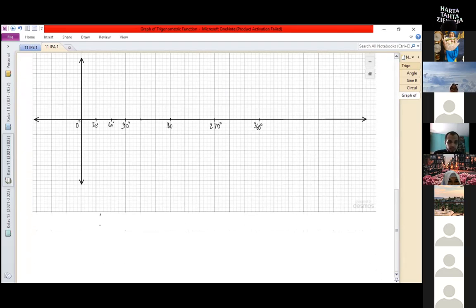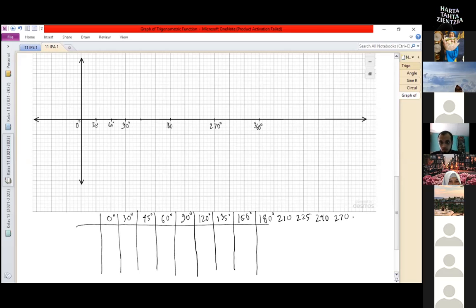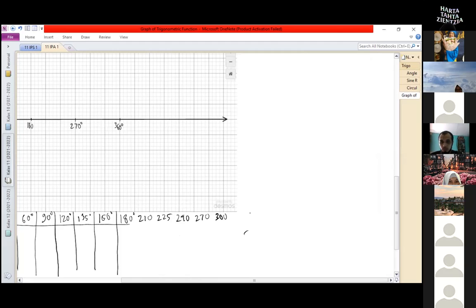Yeah, so we have the sine, cosine, and tangent from 0, 30 degrees, 45, 60, 90 degrees, and then 120, 125. Okay, all of them in degrees, yeah.